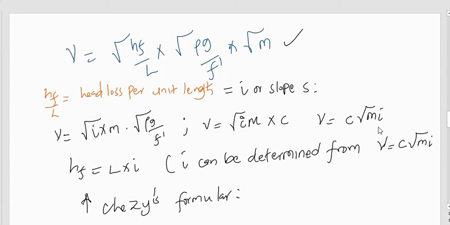Therefore, if I'm able to determine the slope i, I can substitute it from the fact that hf over L is equal to i, then I'll be able to get the head loss in the pipe system due to friction according to Chezy's formula.